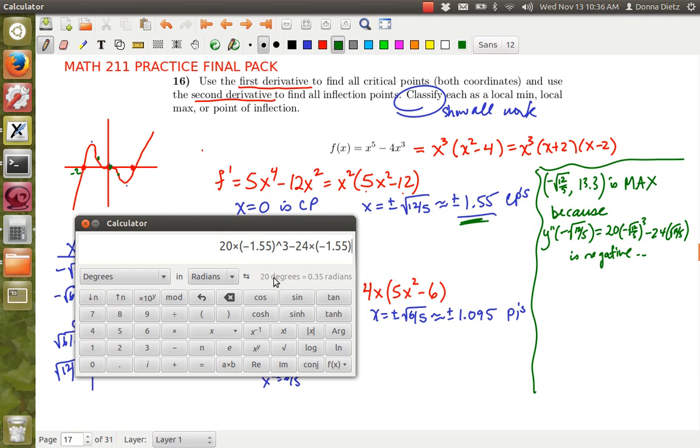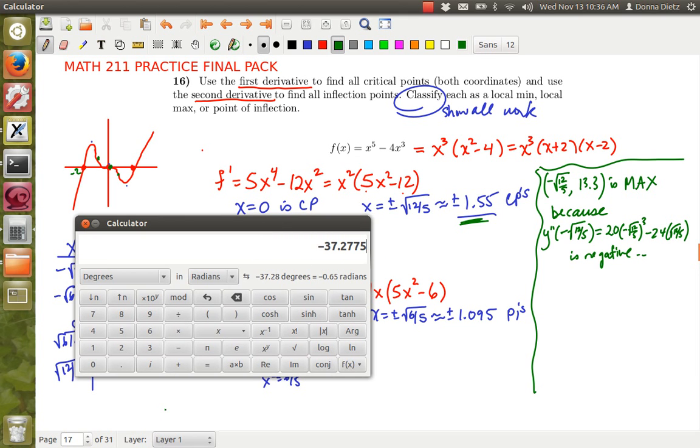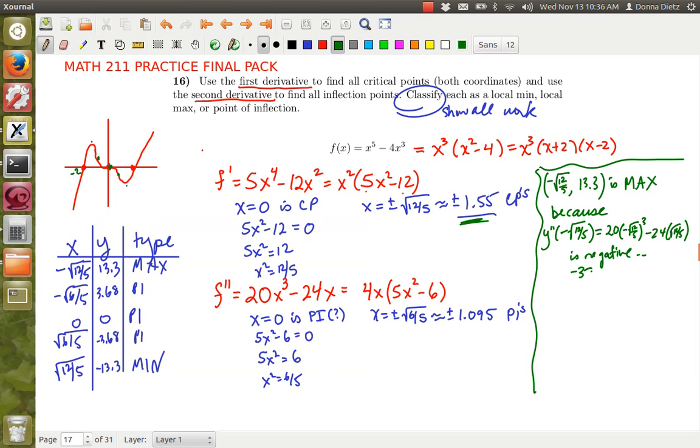Yes, this is the value I wanted, negative 1.55 cubed minus 24, equals negative 37.27. So concave down, it's a max.